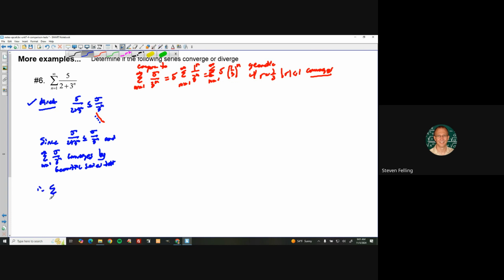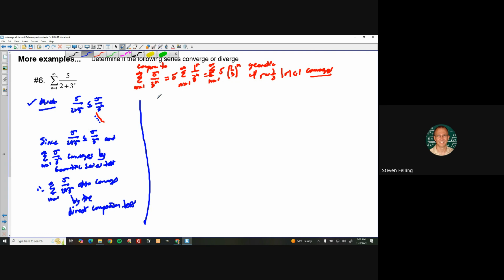Therefore, the series n equals 1 to infinity of 5/(2 + 3^n) also converges by the direct comparison test. Okay, so direct comparison will work.